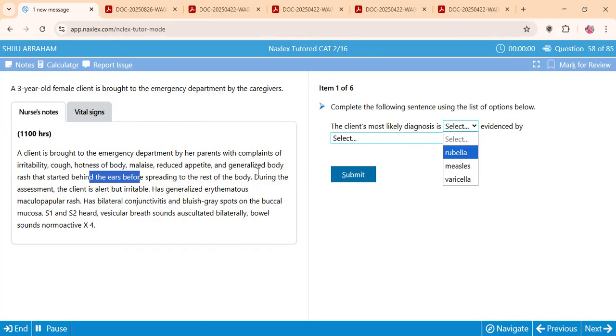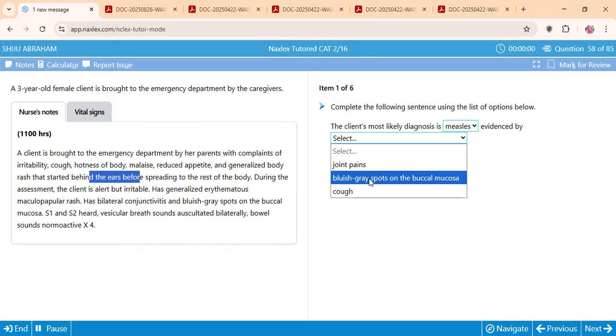By assessing the condition, this maculopapular rash starting from behind the ear is seen in measles. The rash in rubella and varicella is different. It is evidenced by the bluish gray spots on the buccal mucosa, which are Koplik spots, the significant symptom seen in measles only.